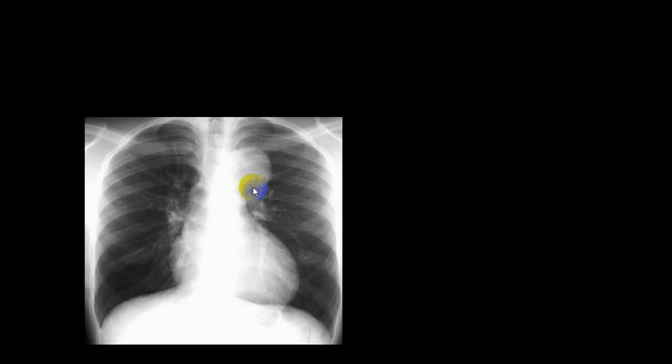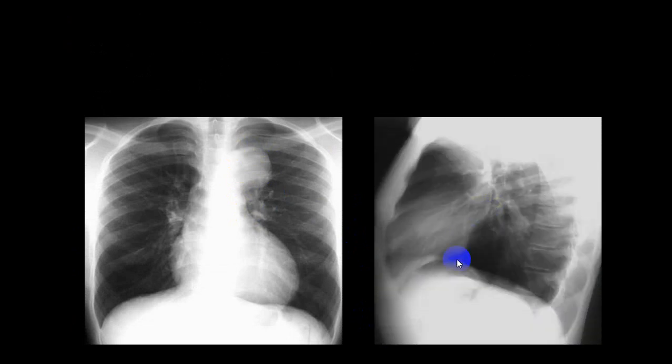Now if you look here, there is a big shadow here, we call radiopaque shadow, and still you can see the hilar vessel clearly. So this is not arising from hilum. And in a lateral view, you can see the hilar vessel very clearly. Is it clear? And this is saccular aortic aneurysm.